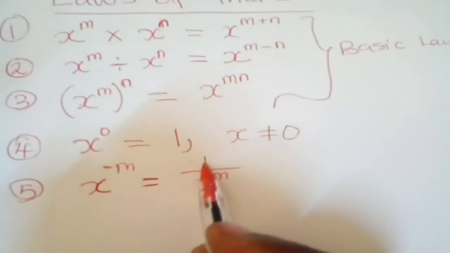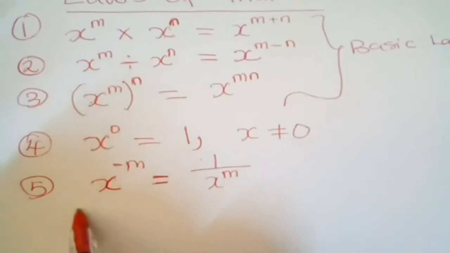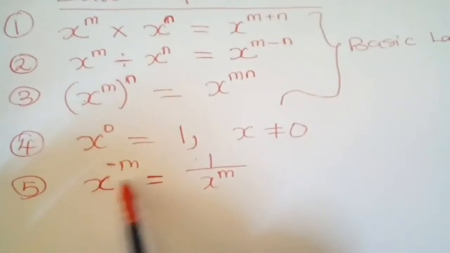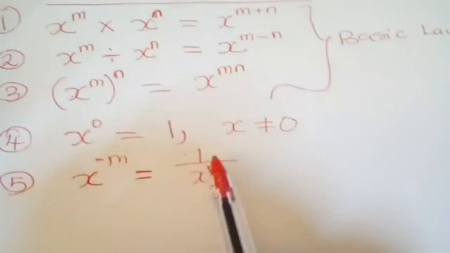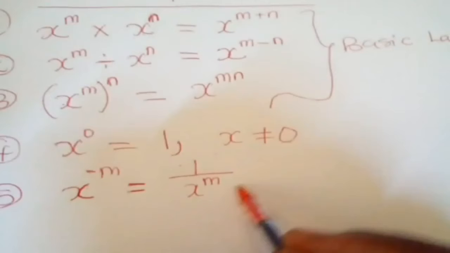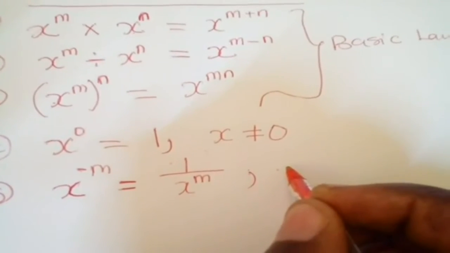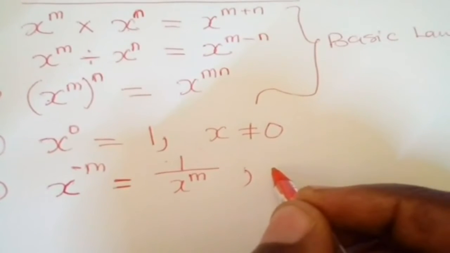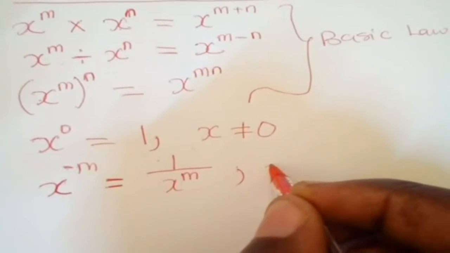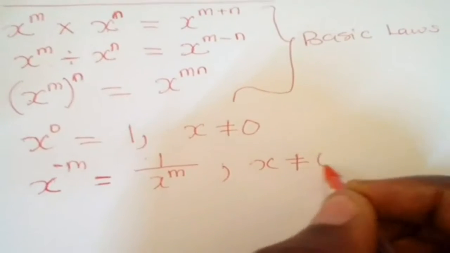So these two are the same. Whenever you're given something in this form, you change it into that form and simplify. And another exception here: x should not be equal to 0.